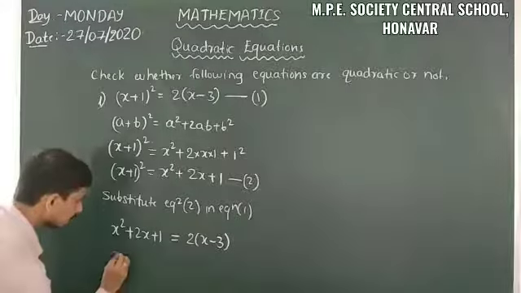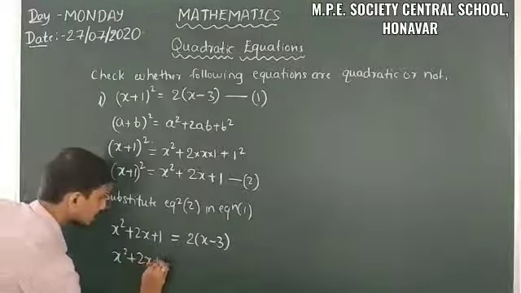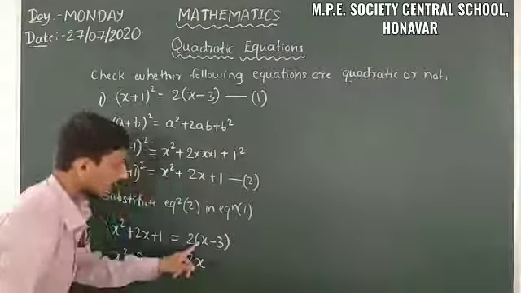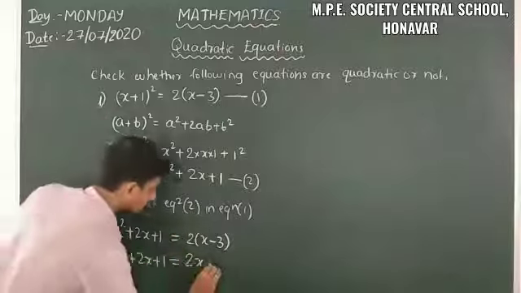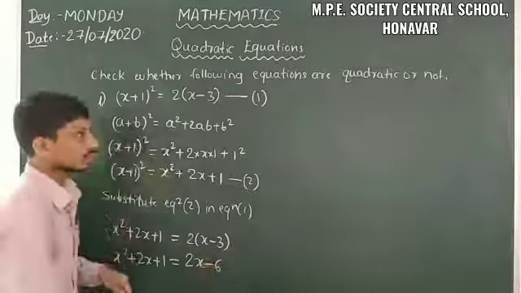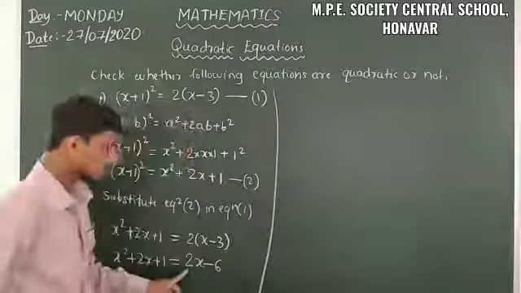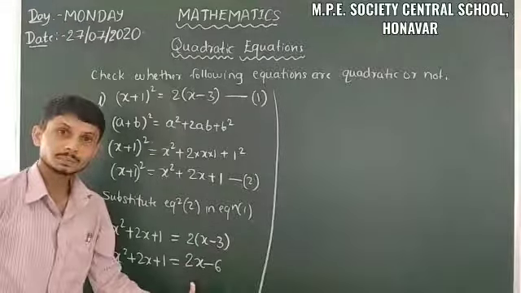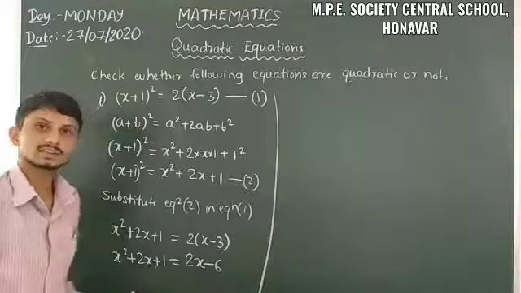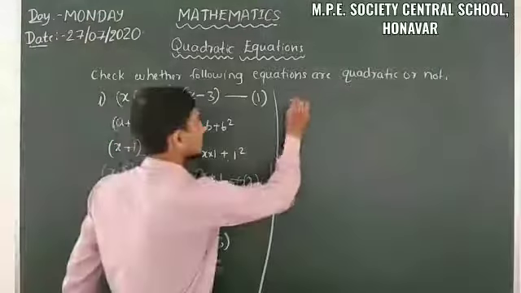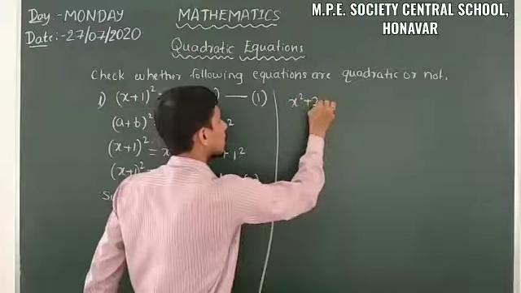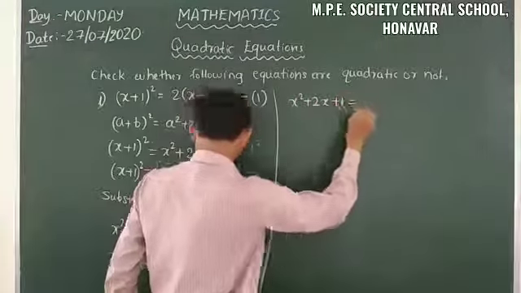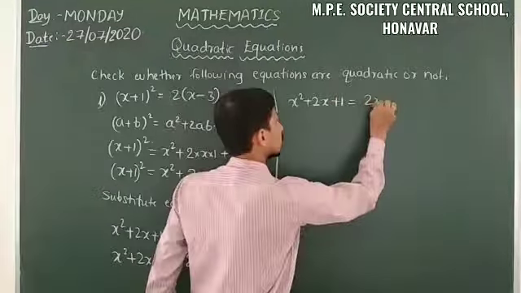So that is x² + 2x + 1 = 2x, and 2 into minus 3, minus 6 here. After that we have to transpose this 2x − 6 to the LHS.